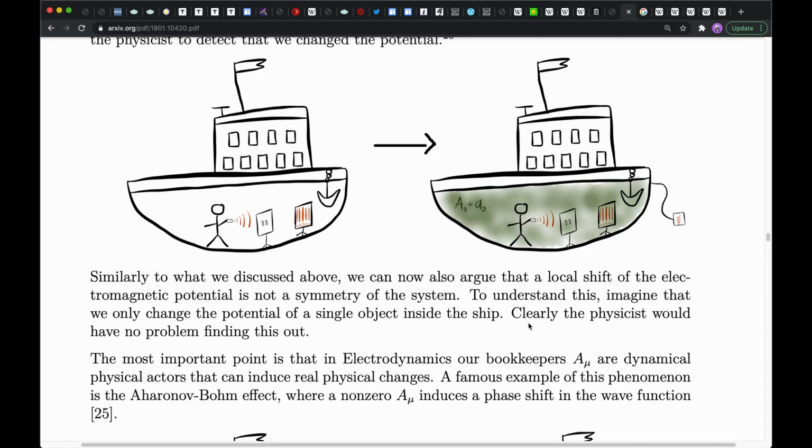The situation with the ship is kind of like the Galilean experiment, where you are in the ship and everything is moving uniformly. You cannot detect if the ship is moving, right? And that's the same thing here.